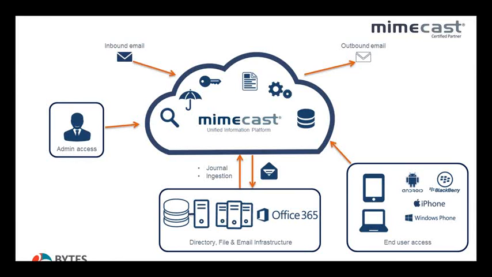And then on top of that, it also provides the email continuity service, so the ability to actually send and receive email even if Exchange or Office 365 is not available at that point in time, for whatever reason.